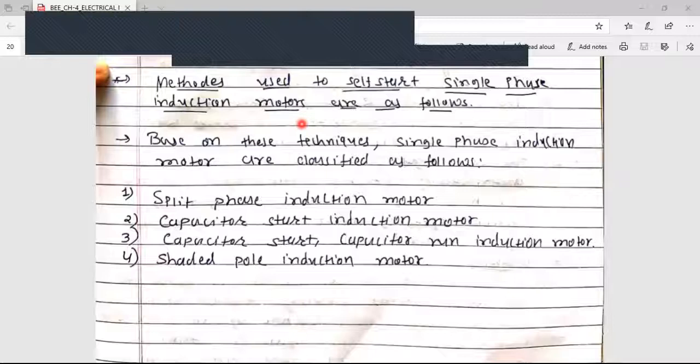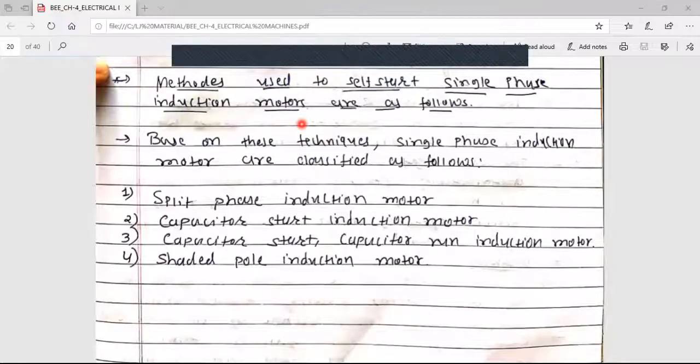Today we will discuss the types of single phase induction motor. In previous lectures, we have studied three phase induction motor and single phase induction motor construction and working. We know that a single phase induction motor is not self-starting.